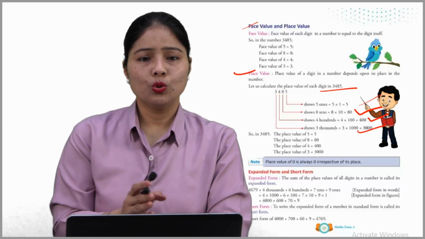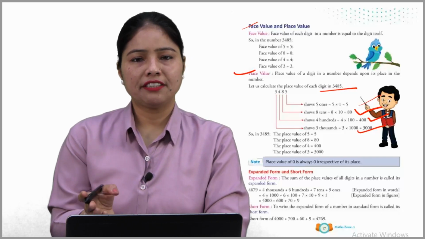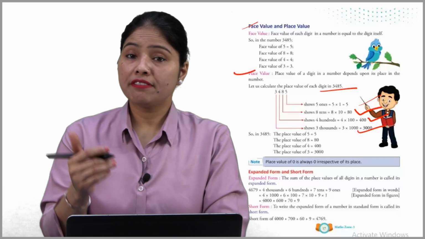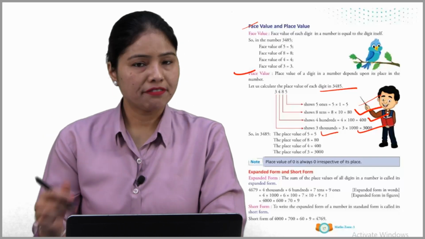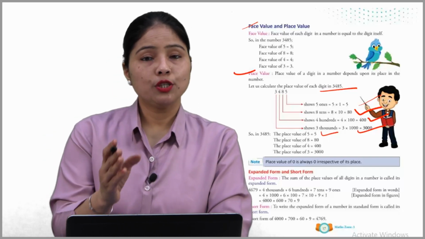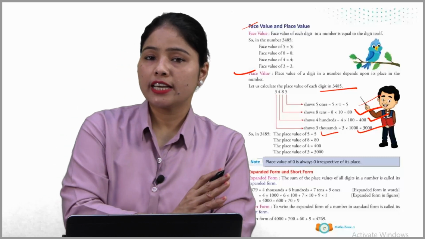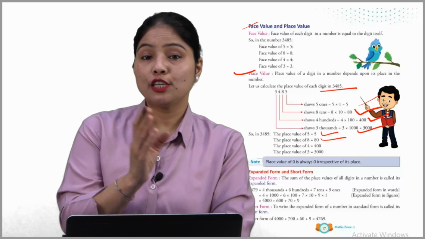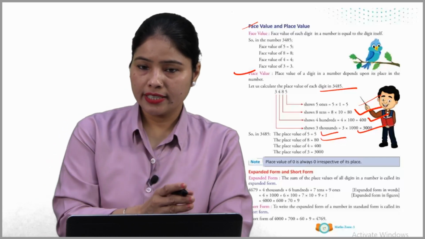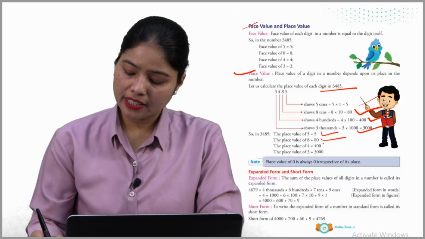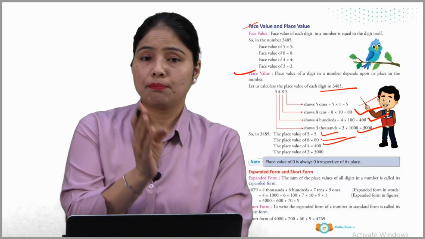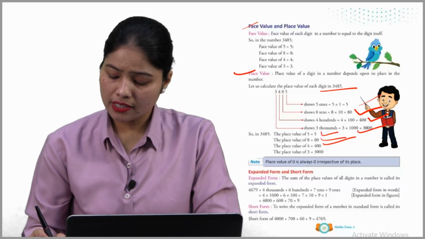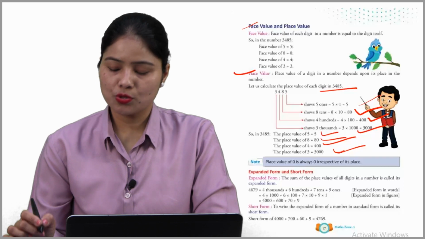Okay. So in 3485, the place value of 5 is 5. 5 will remain 5. The place value of 8, what will it convert to? Yes, you're right, 80. And the place value of 4, as it is on 100 place, so 4 is converted to 400. The place value of 3 is converted to 3000.